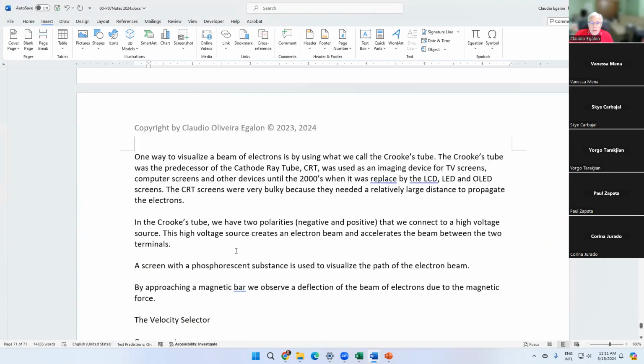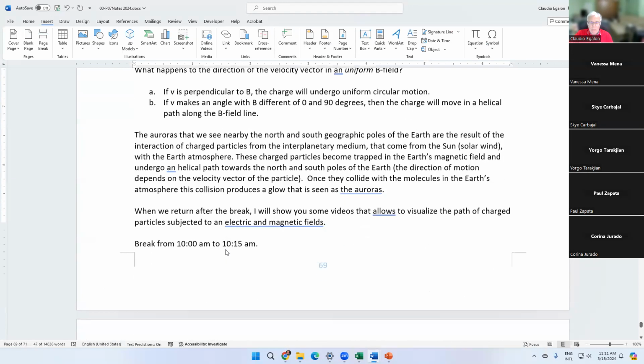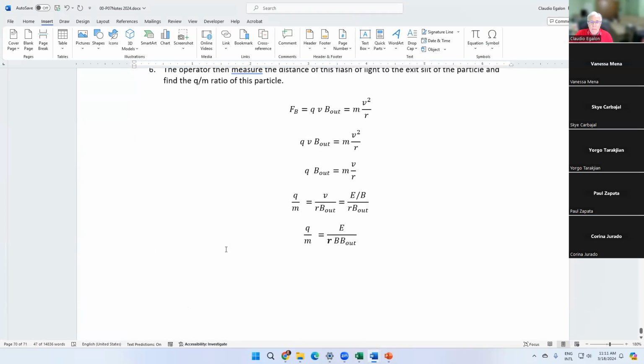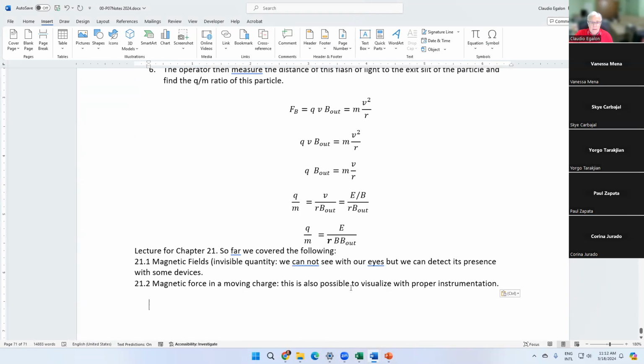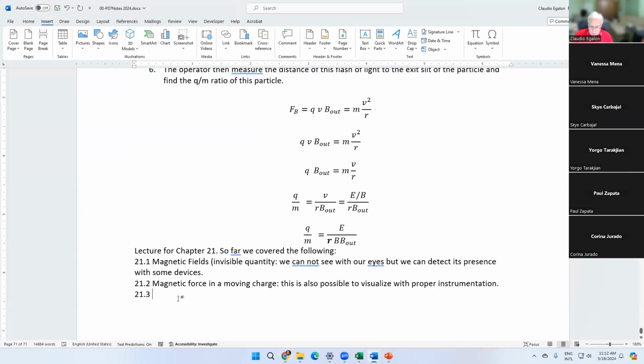So let's take a look at what we covered so far. 21.2, 21.3: motion of a charged particle in a uniform magnetic field, uniform circular motion and helical motion.